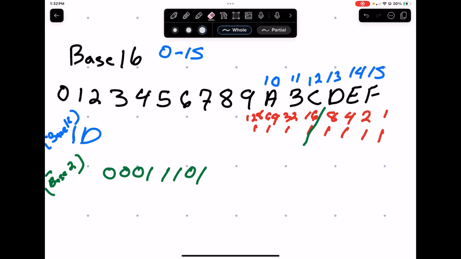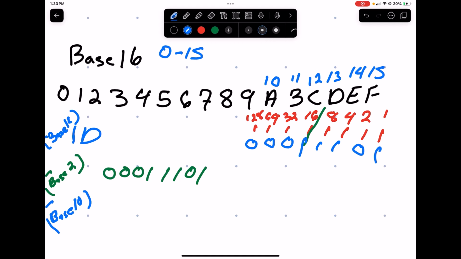So now we're going to go back to decimal, and let's change our color. So base 10. All right. So we're going to line these up. 0, 0, 0, 1, 1, 1, 0, 1.